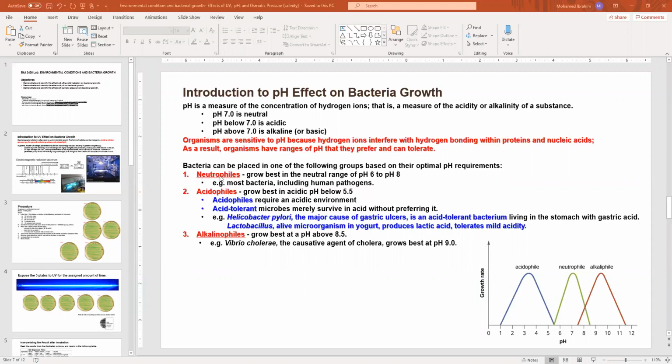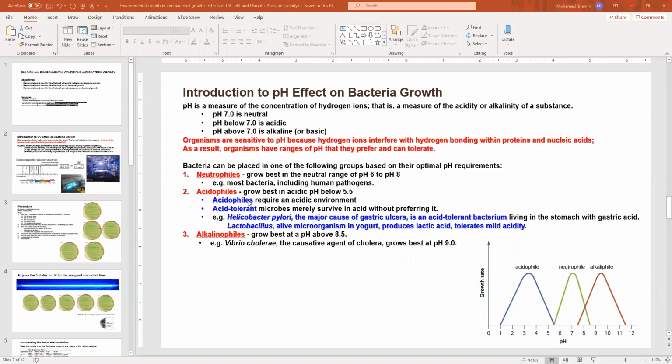Neutrophils grow best around neutral pH, between 6 and 8. Acidophiles, on the other hand, prefer acidic conditions to grow.